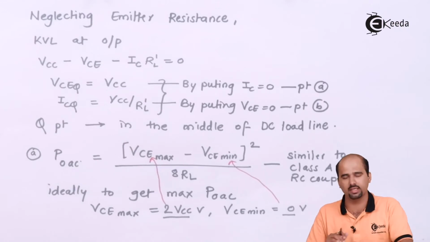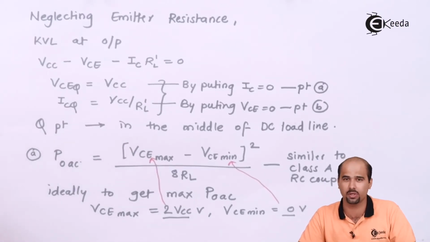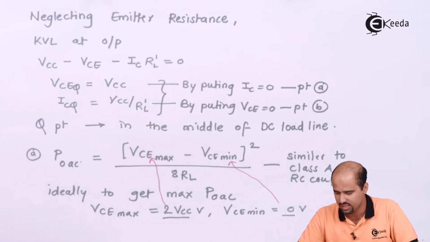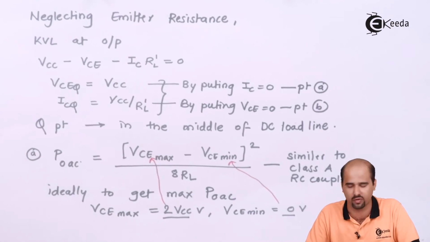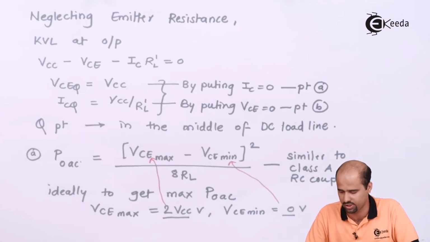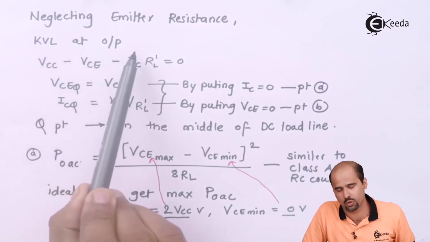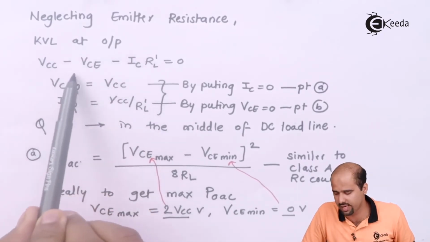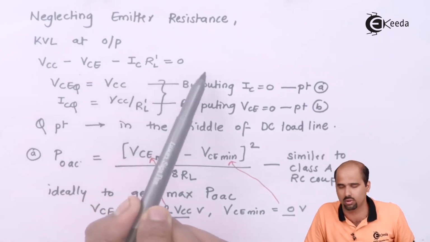Now we will consider some DC parameters, but here we have to look at this particular load line very carefully. See to it that I am neglecting this emitter resistance, and then I will apply KVL at the output side. We'll get VCC minus VCE minus IC into RL dash is equal to 0.